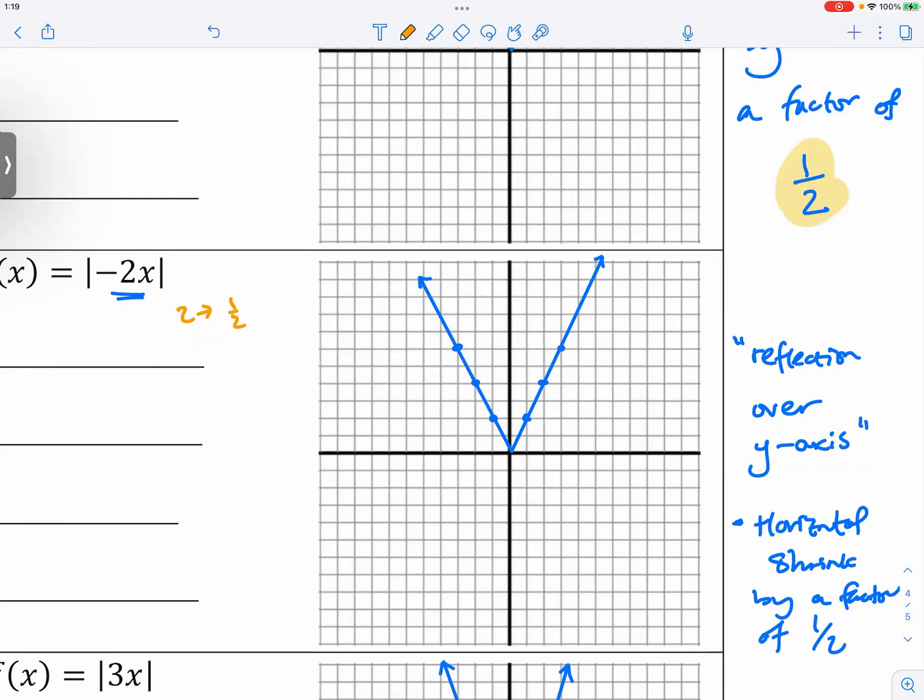Later on in the school year, we will see something new. And then we have a horizontal shrink by a factor of 1/2. So where does the 1/2 come from? You should ask, where do you get the 1/2? The 2. You change the reciprocal to 1/2.